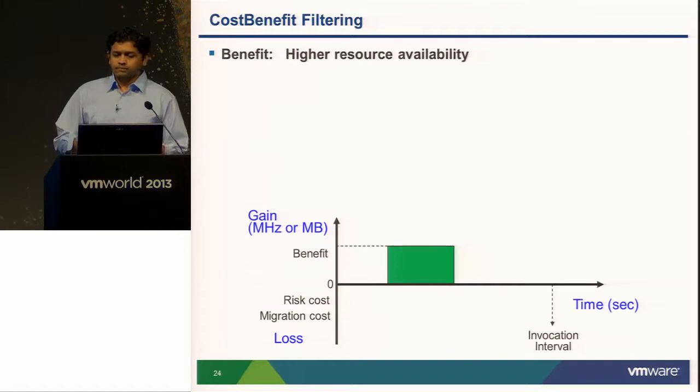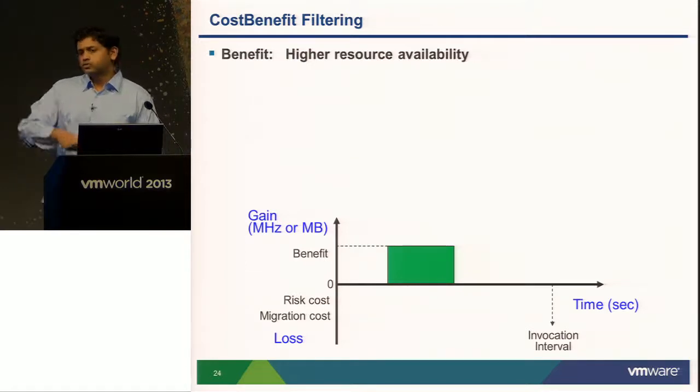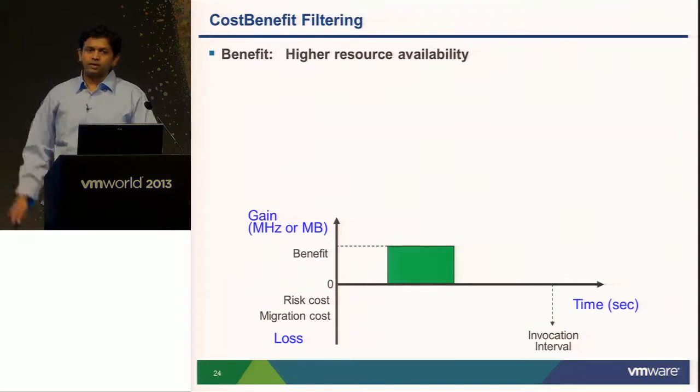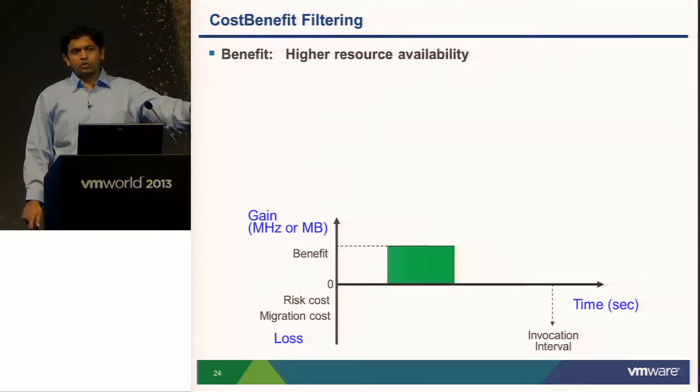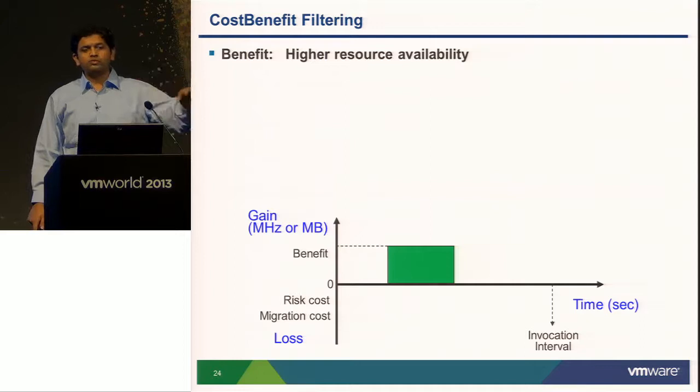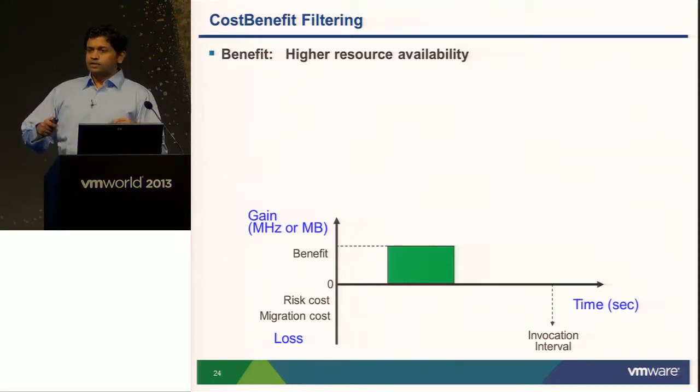When you move a VM, the VM would get more resources on the destination, probably because it's less loaded. The source host now has more resources available because it has one less VM to contend with the other VMs. But the destination host has one more VM. DRS takes into account all these things and figures out what's the net benefit of moving this VM.